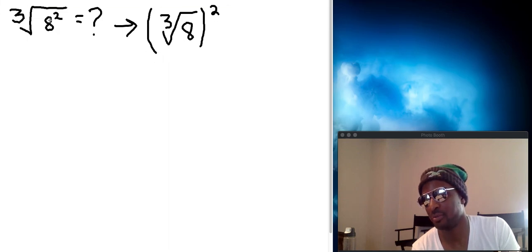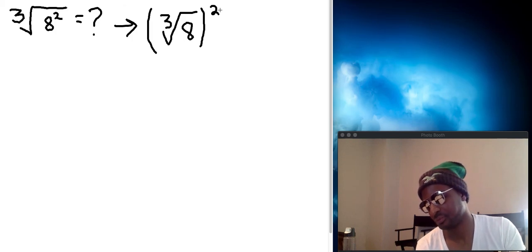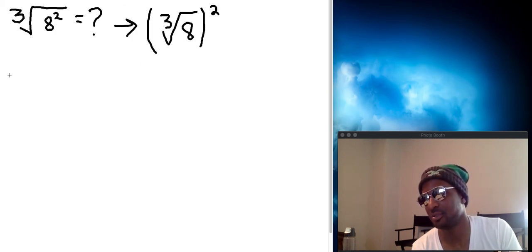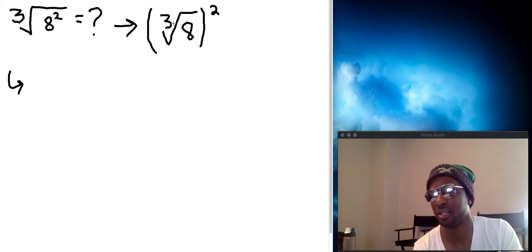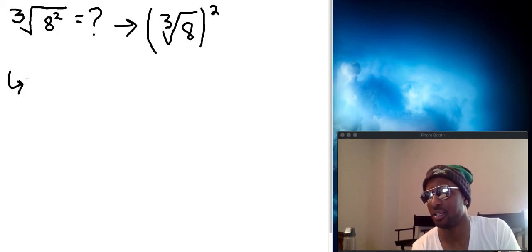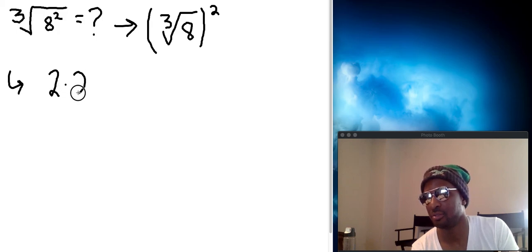Keep in mind what we're doing is pulling this 2 out and putting it outside the parentheses. The easiest way to think about this problem is what number multiplied by itself 3 times is equivalent to 8. So we have 2 times 2 times 2.